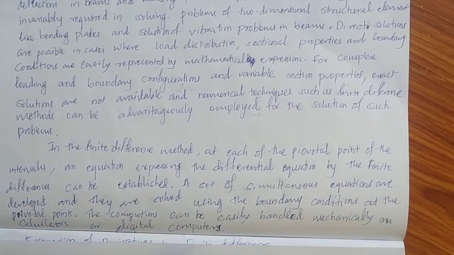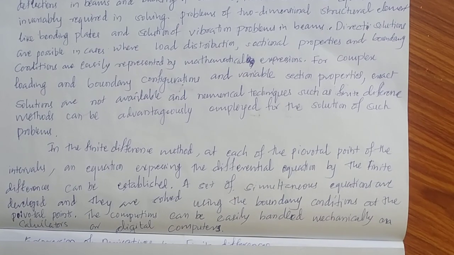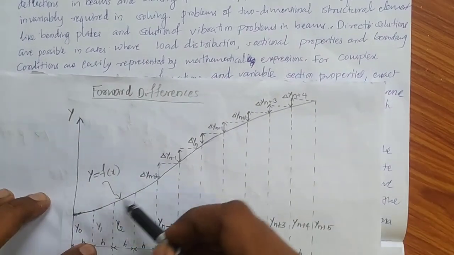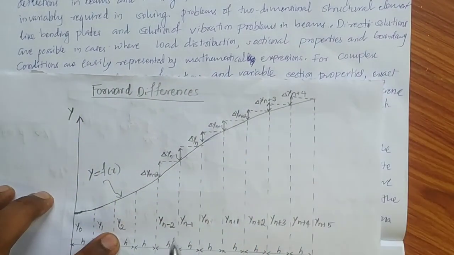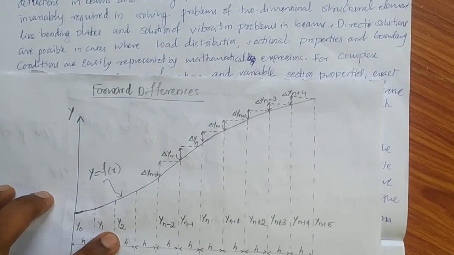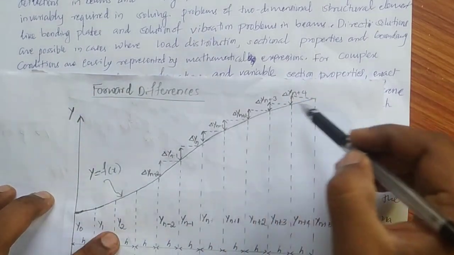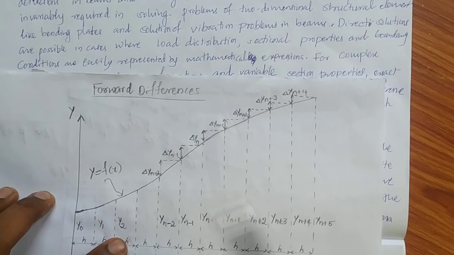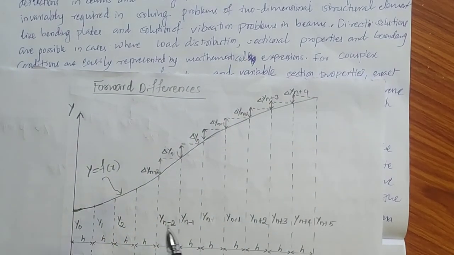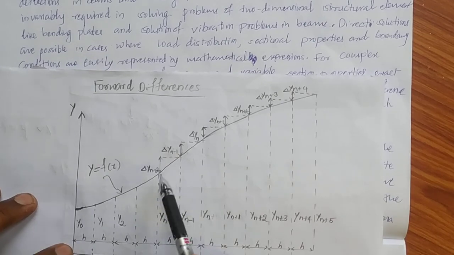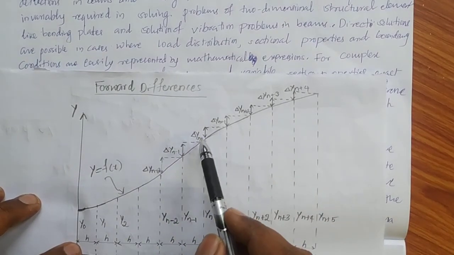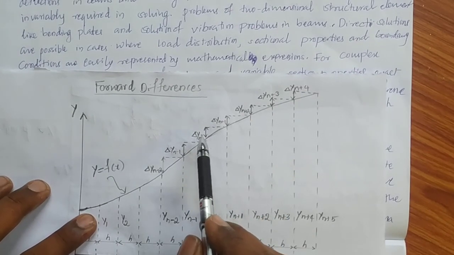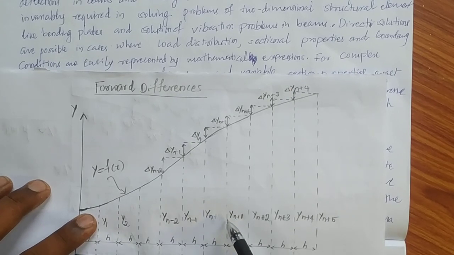So you will be dividing the domain. Let us say, for example, there is a line having some f of x, a very complex variation that is not defined. This variation can be expressed by using some function. In terms of differences, you will be calculating the difference between the previous value and the next. You can see here delta y n, which is the difference between y n plus 1 and y n.